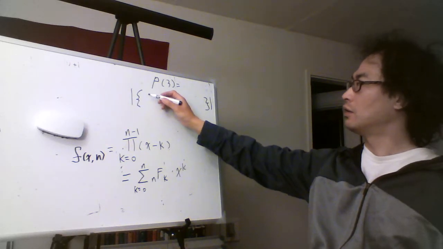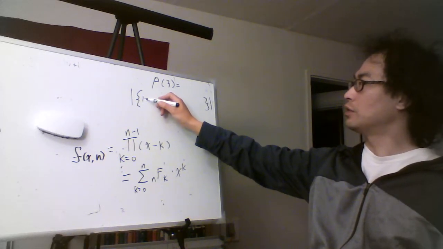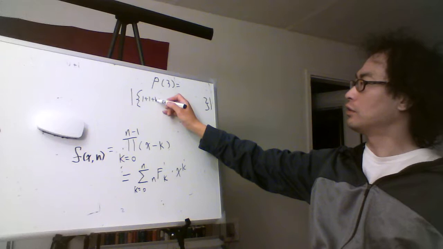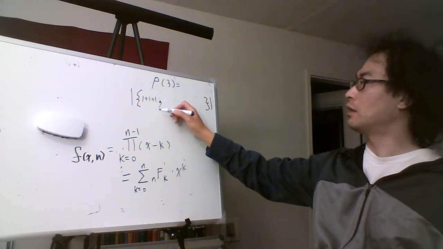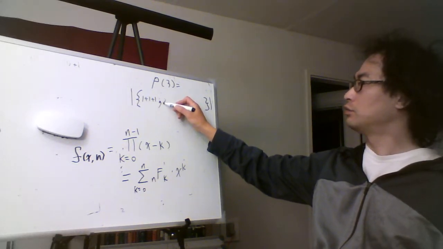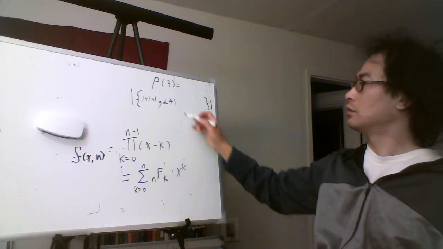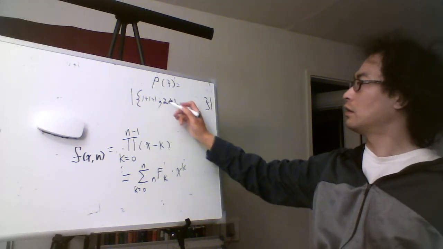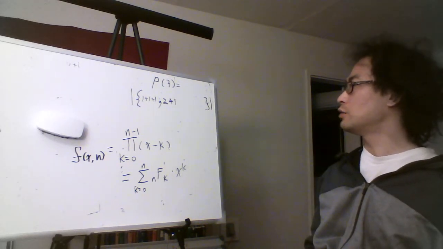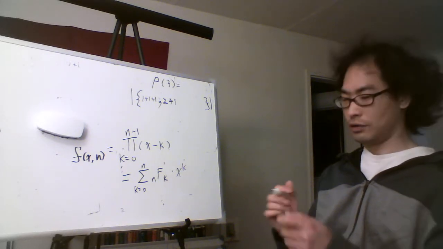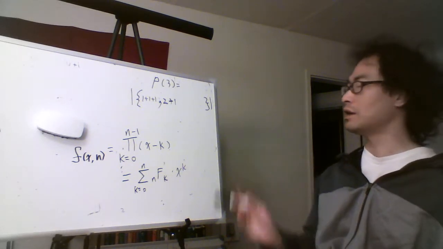So you have 1 plus 1 plus 1, that's one element, comma, 2 plus 1. But it has to be a positive integer, a natural number.